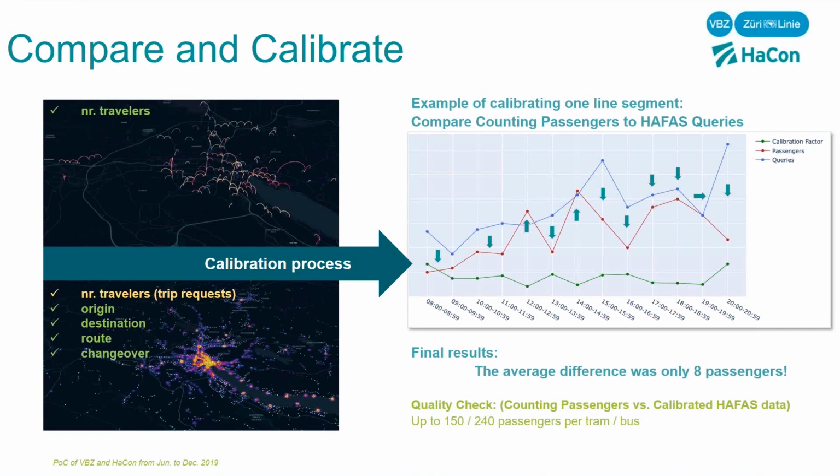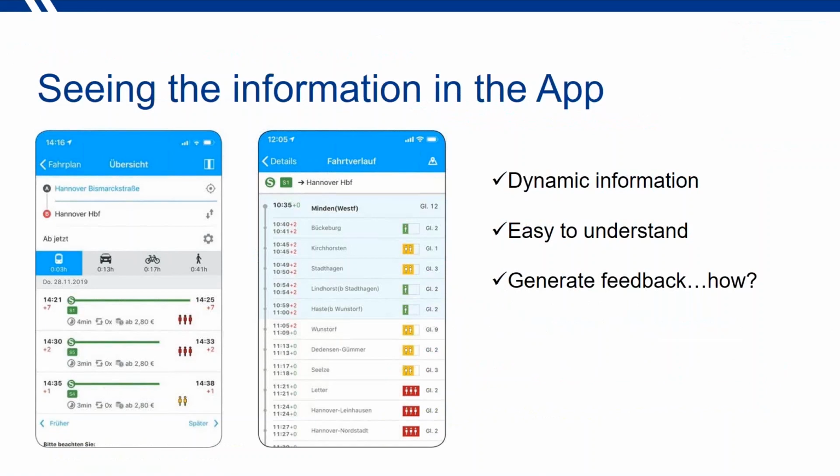And so we can really use this to say, okay, this is great. Now I have this occupancy information. What am I going to do with it? As you know, HackOn, we create trip planning apps, and we're able to take this information and feed it back into the app. When the user then plans their next trip, they can start seeing information in terms of what prognosis there is.